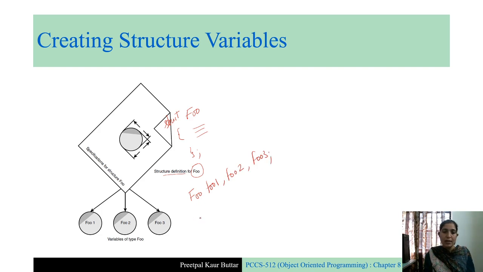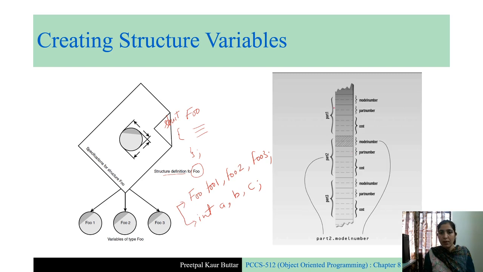This is very similar to the concept of creating multiple variables of the same data type. They look alike. However many variables you create of any struct type, that much memory will be allocated.